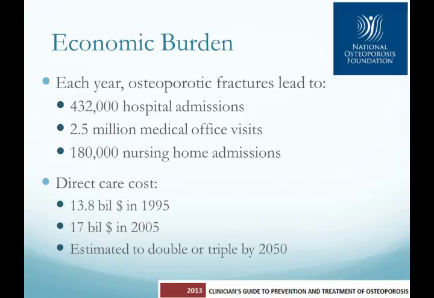This doesn't include the cost of lost productivity of the patient or the lost productivity of people who have to take care of them because now they have to stay home, or their transport cost. This is just direct medical cost. $13.8 billion in 1995, $17 billion in 2005, and is projected to double by 2050, or triple.